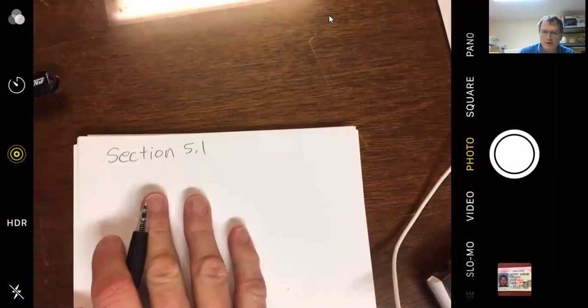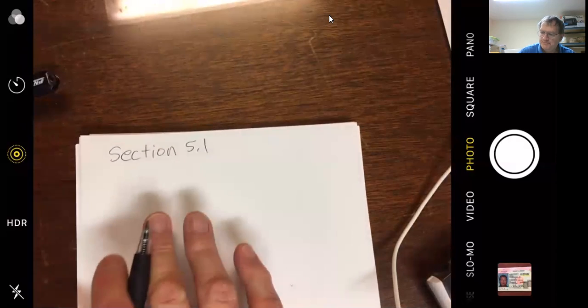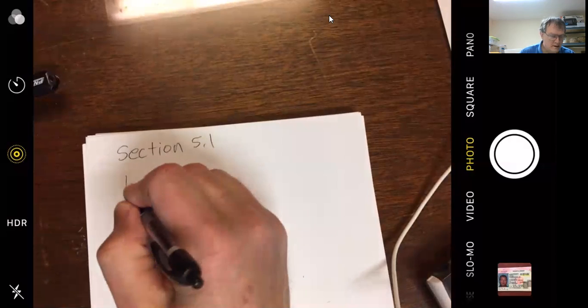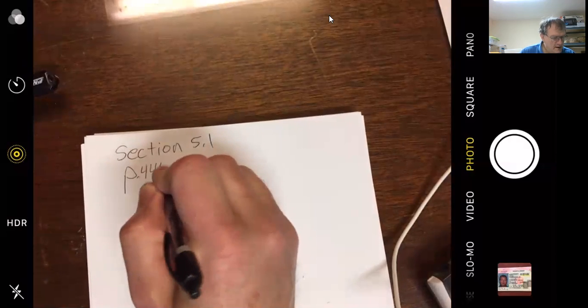Okay, so page 444. We are converting degrees to radians.